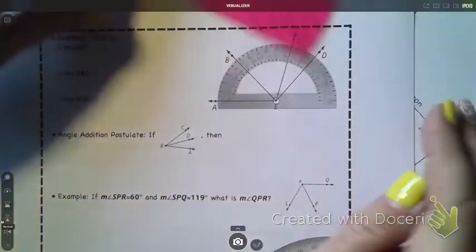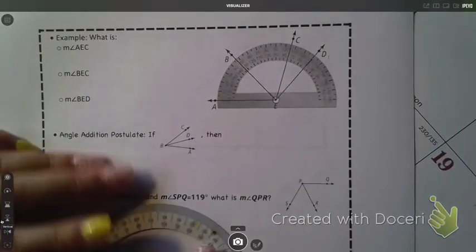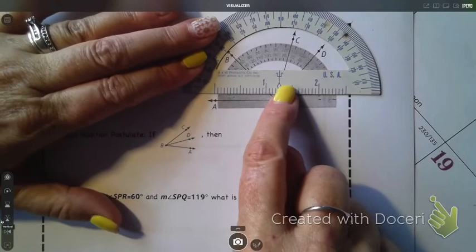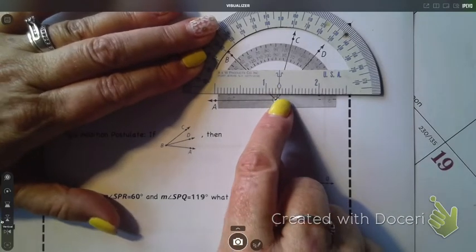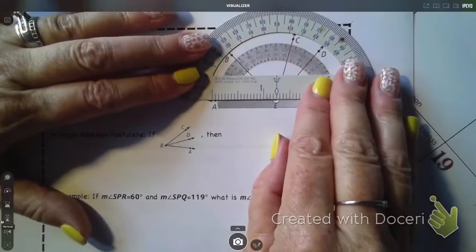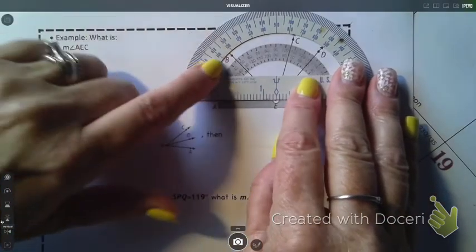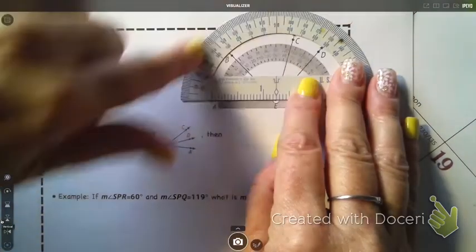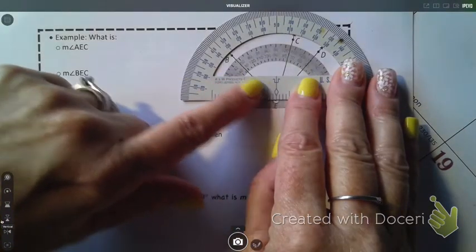Okay, Brooklyn, can you put your head up? Thanks. So this one works this way. This arrow sits on the vertex, and the bottom ray goes right here. So I would line it up. This one's better, but still a little hard to read because you can't see through here. Would it be better off to extend it?